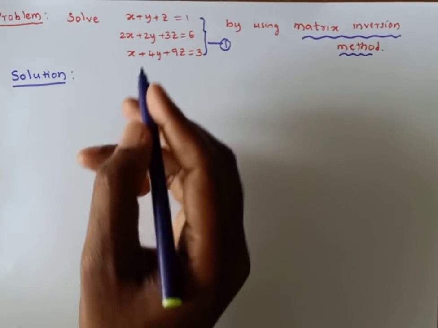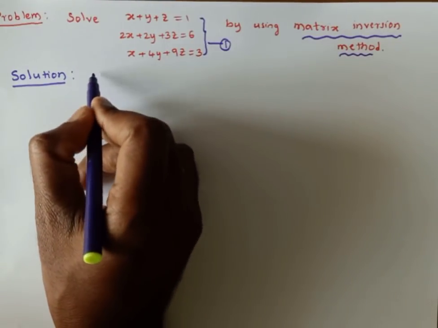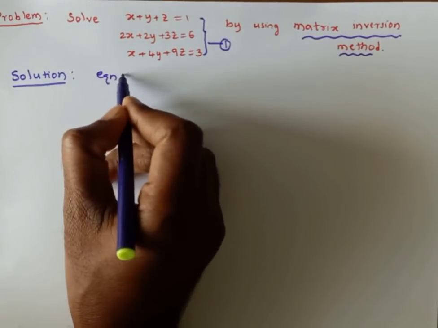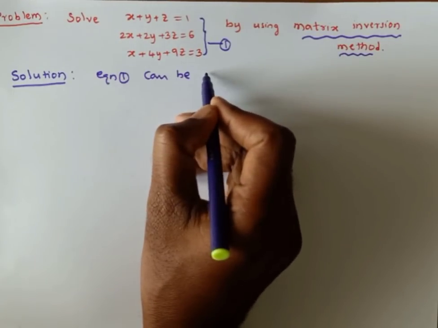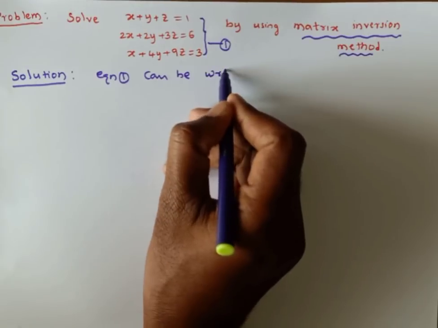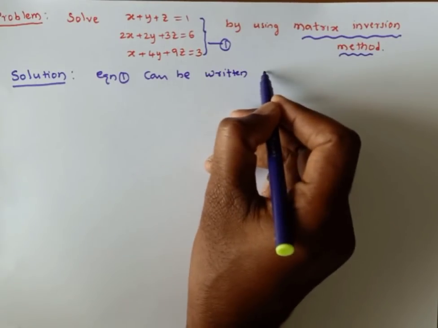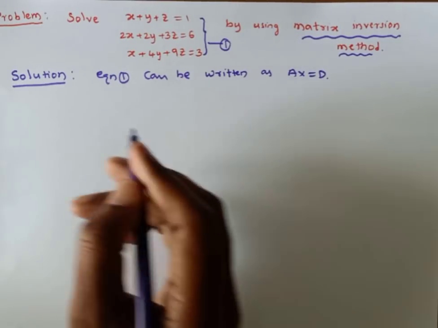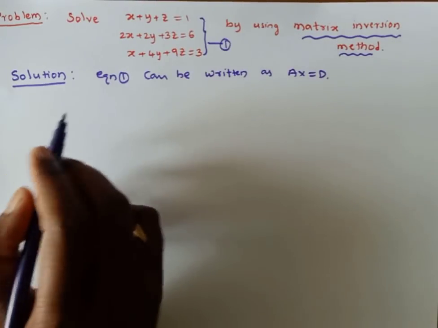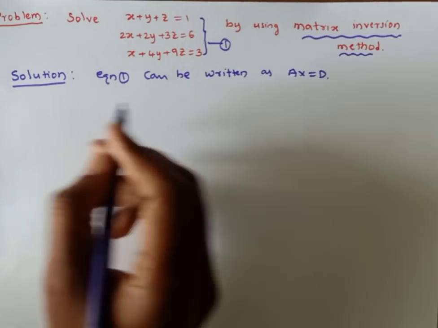Now see here, we know the equation 1 can be expressed or written as a matrix equation like Ax equals D. You need to mention compulsorily where A is what, X is what and D is what.